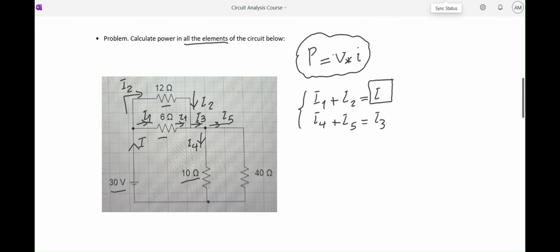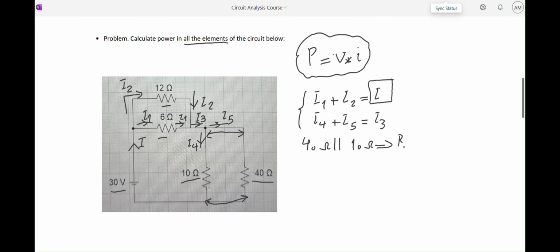You see this 10 ohm and 40 ohm. From previous sessions, we know the definition of parallel resistors. If the tails and heads of two resistors are connected to each other, we can call them parallel resistors. So the 40 ohm is in parallel with the 10 ohm resistor.